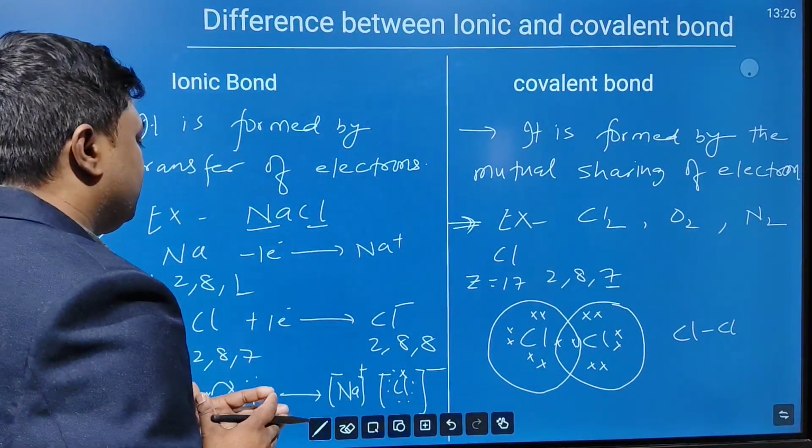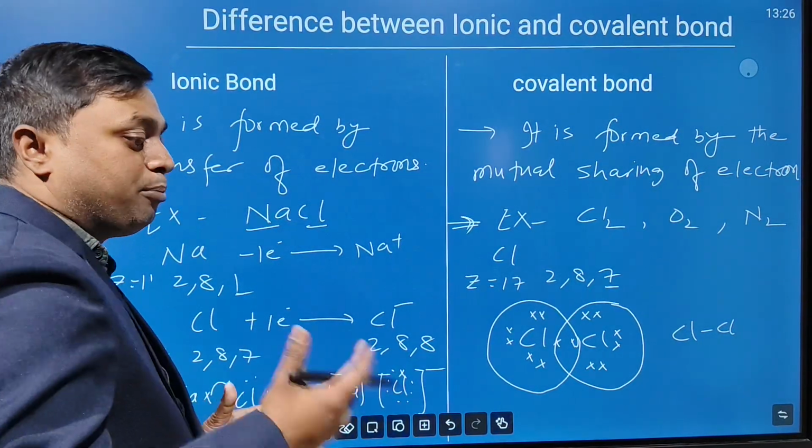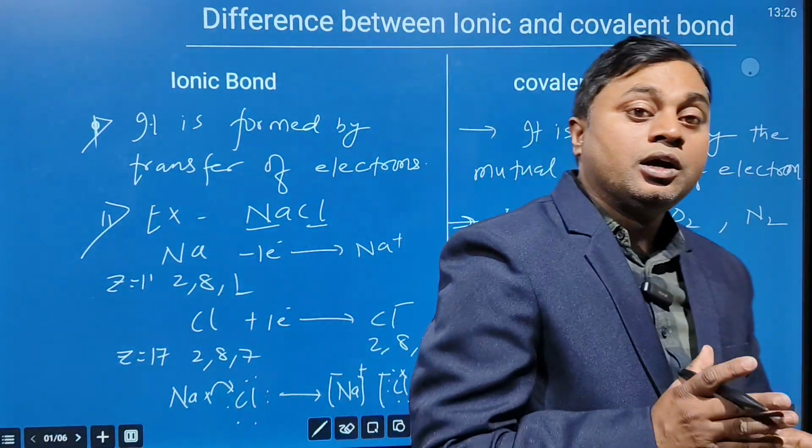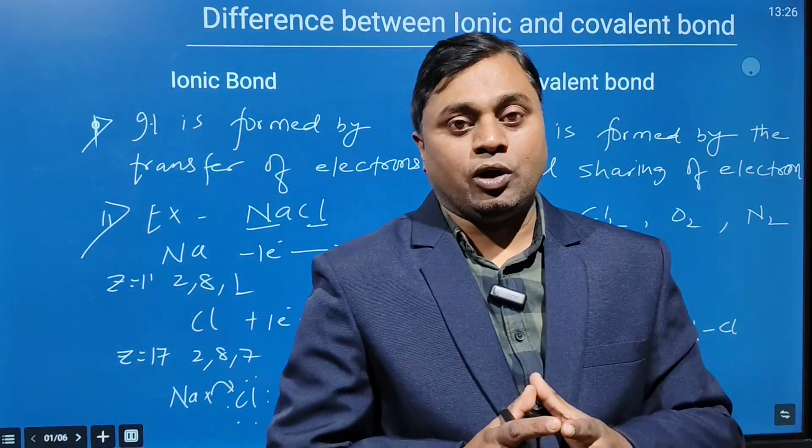Ionic compounds have high melting and boiling points. Covalent compounds have low melting and boiling points.